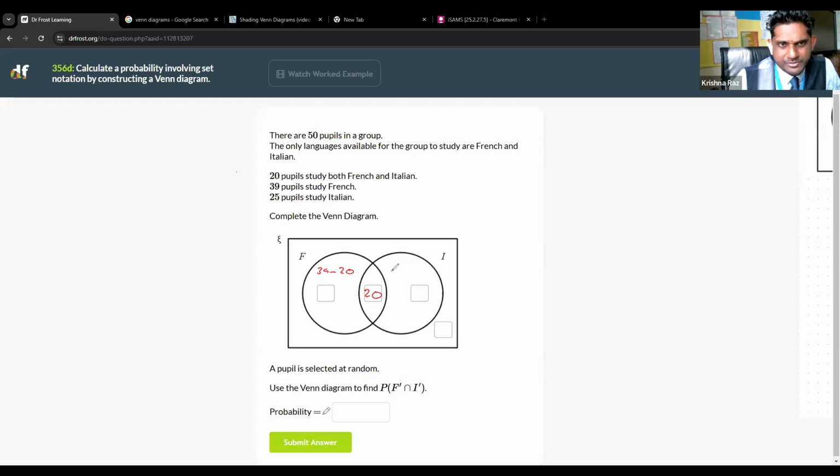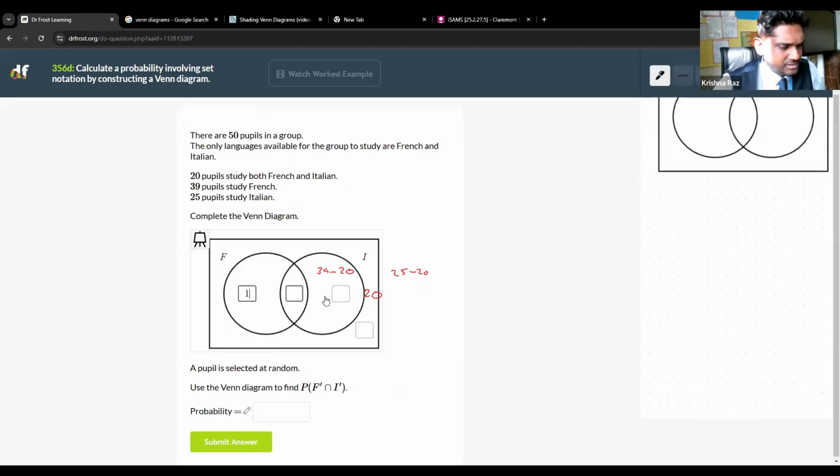Italian is 25, so that'll be 25 minus 20. And whatever's left will go on the outside. So 39 minus 20 is 19. That was 20. And this will be 25 minus 20, which is 5. They add up to 44. So that must be 6.